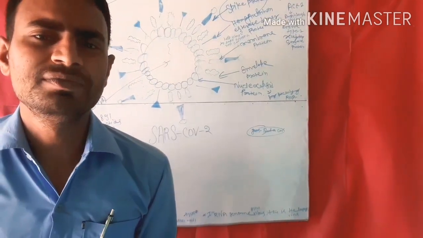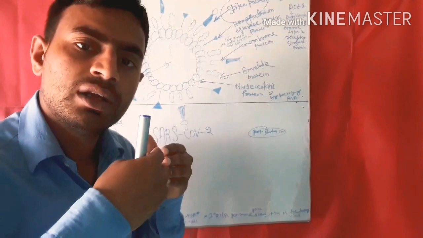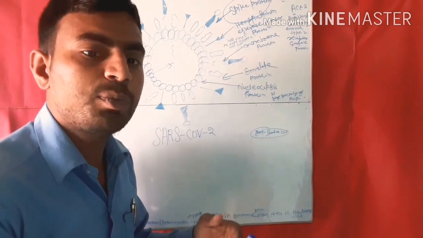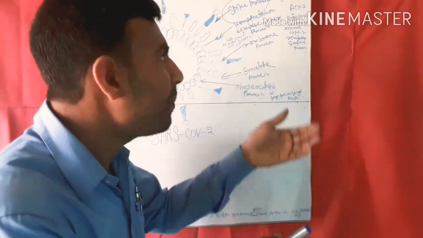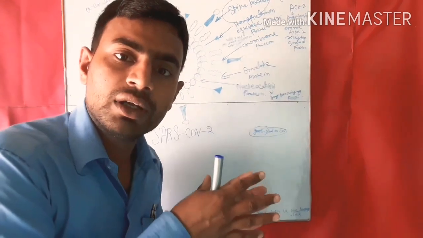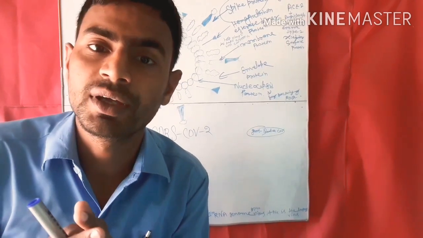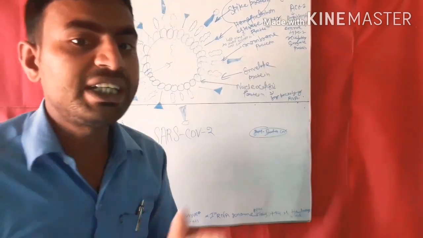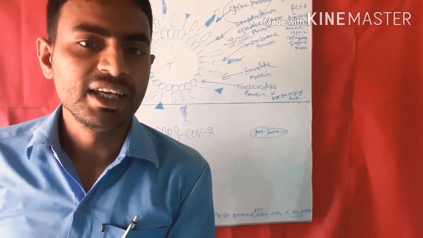It can happen that the blood barrier present in the brain is responsible for stopping COVID-19. This means that the blood barrier present in the brain does not allow COVID-19 to enter the brain.